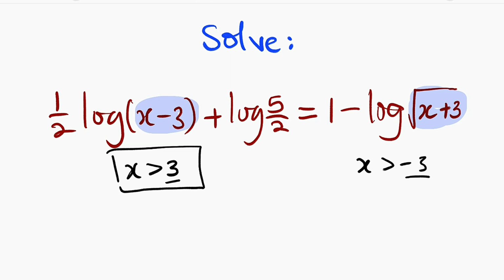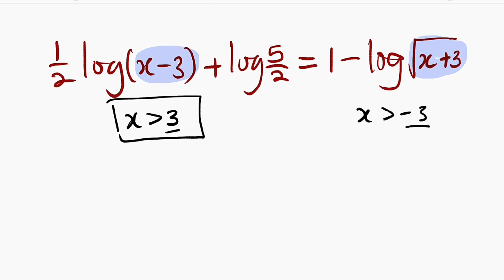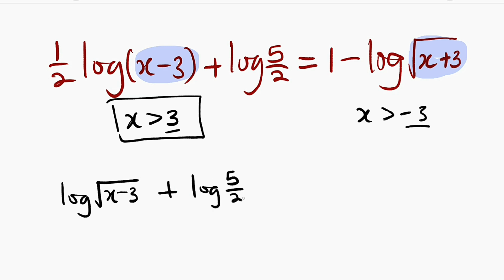Alright, let's get started. You should remember that any value multiplying a logarithm can always serve as the power of the argument of that logarithm. Therefore, we can write this as log of the square root of x minus 3. So we have log of the square root of x minus 3 plus log of 5 divided by 2 equal to 1.